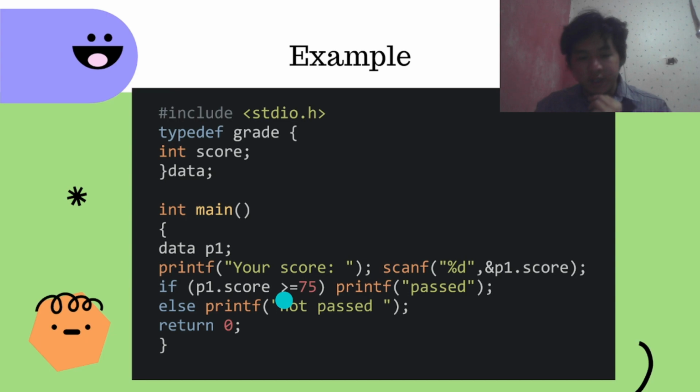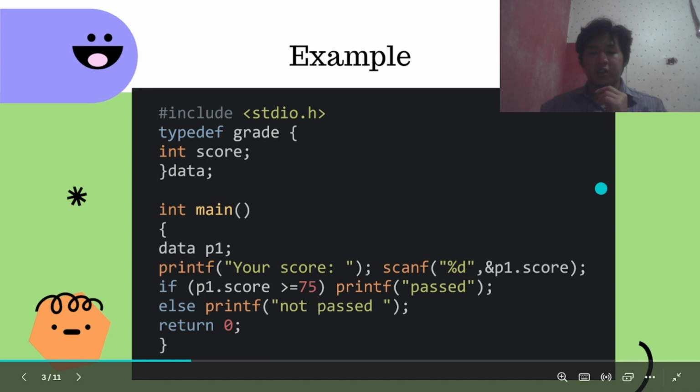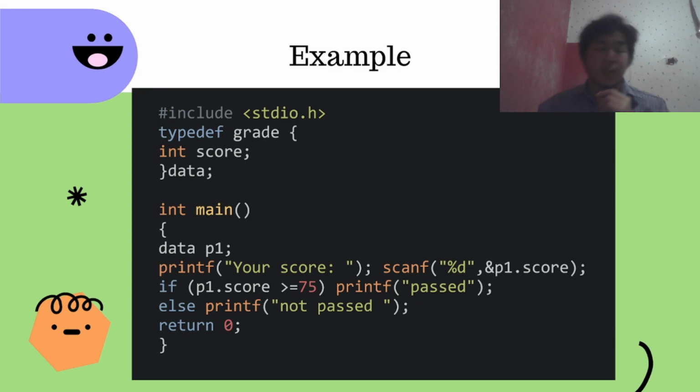As we can see, if the score that we put in is above 75, then the result will be passed, and if not, then the result is going to be not passed. Now, if you notice, there is a new type of code that we see, which is typedef. I will explain it on the later slide. For now, let's go to the next slide.